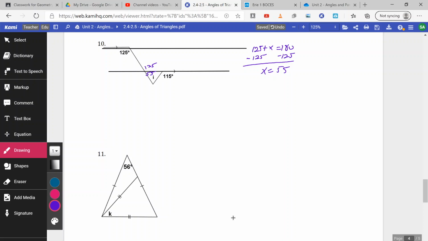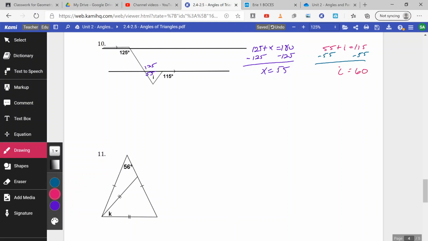And now, fortunately for us, we have an exterior angle of 115 and then two remote interior. So we can say that 55 plus I equals 115. And all we have to do is subtract 55 to get I equals 60.